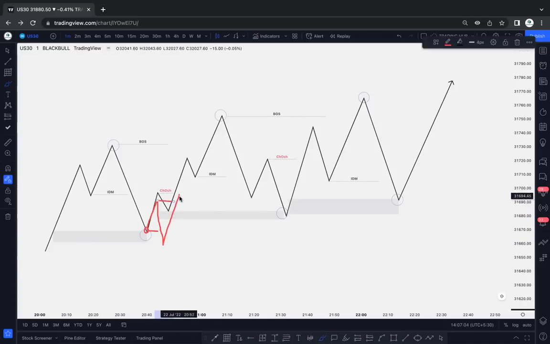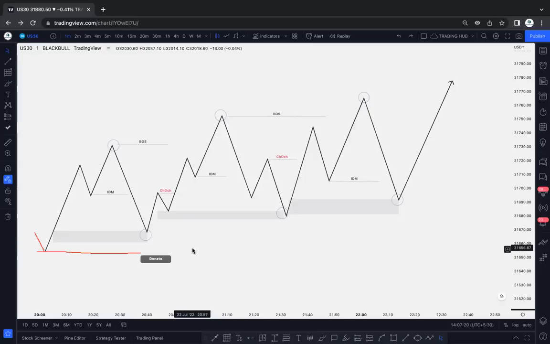So this is also choch, until broken the major low, which is here. And if sometimes it happens that you go here and make liquidity and then make a choch or make a structure or something and go up.